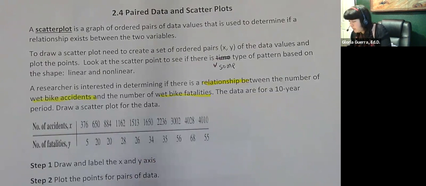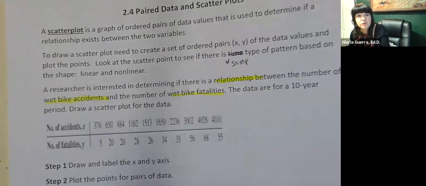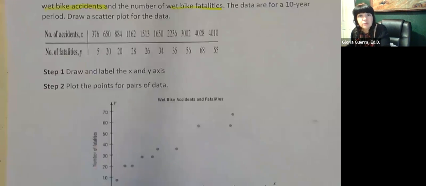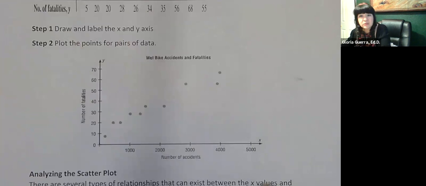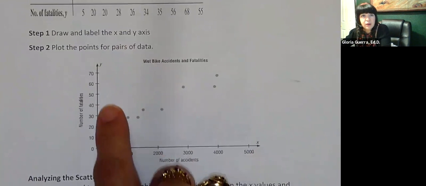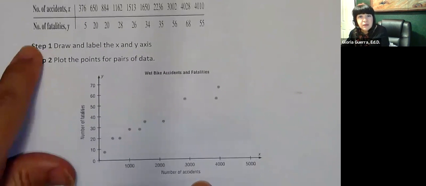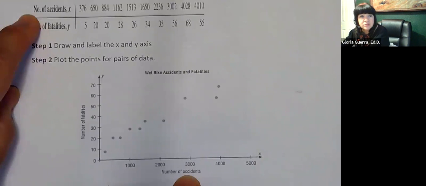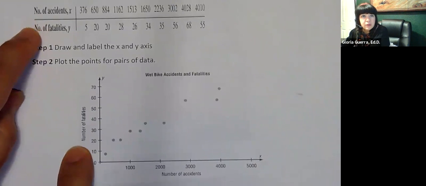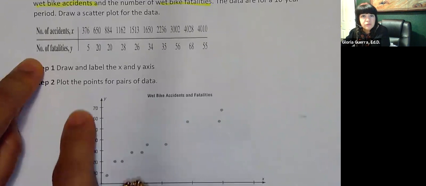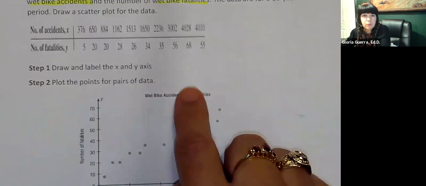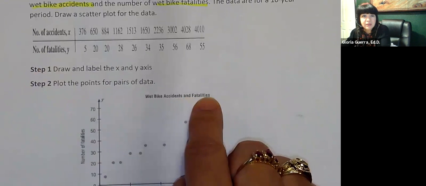They're saying you would draw and label the X and Y axis. Of course this is the X axis, this is the Y axis. See how the number of accidents matches here, and the number of fatalities matches here for the Y.